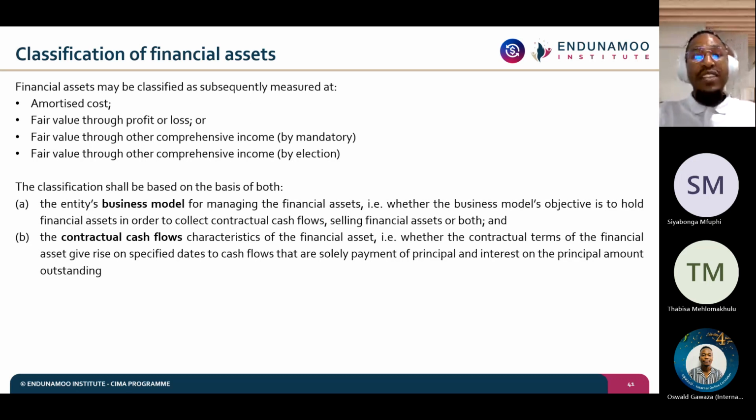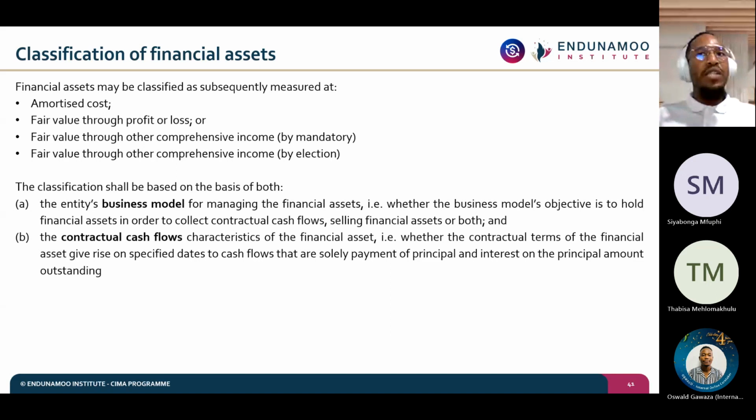We'd also have to look at the reason why you've given me a loan. Are you entering into a loan to collect these contractual cash flows from day naught up until the end of the 10 years? Or are you entering into this loan so you can sell it over to a debt collection company? Or are you entering into this loan to collect the contractual cash flows and perhaps consider selling the loan over to a debt collection agency?